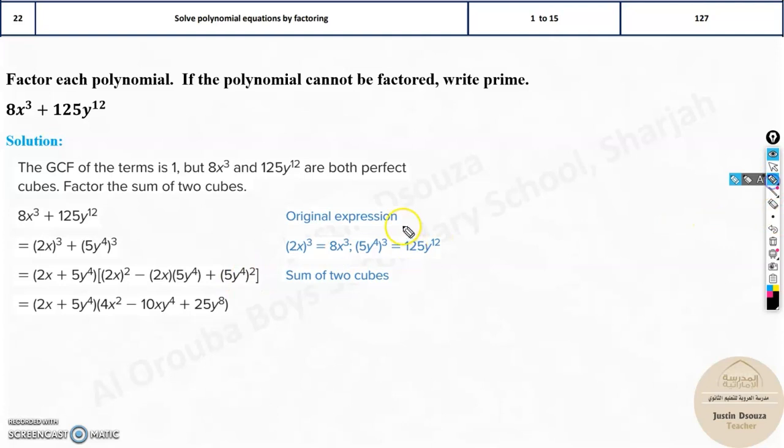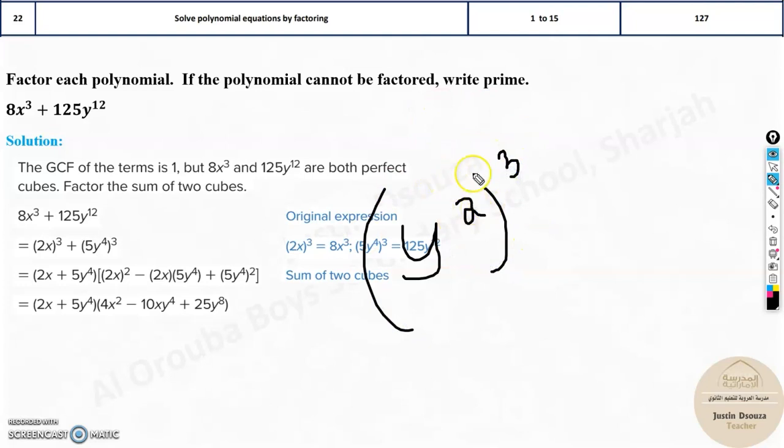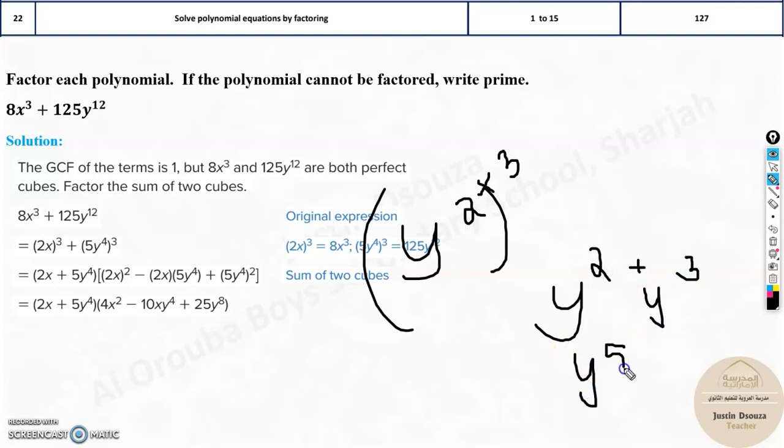Look carefully. Whenever you have power over power, these exponents are multiplied. You're not taking y to the power 4 square as y to the power 6. No, you're just multiplying the powers, so 8. Whereas if it was y square times y cube, then you just add the powers, it would be y to the power 5.